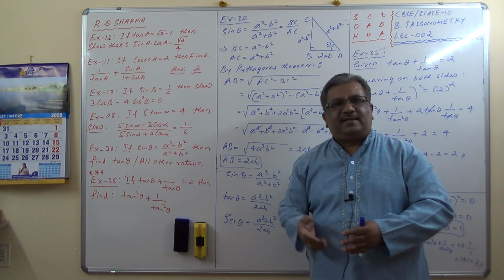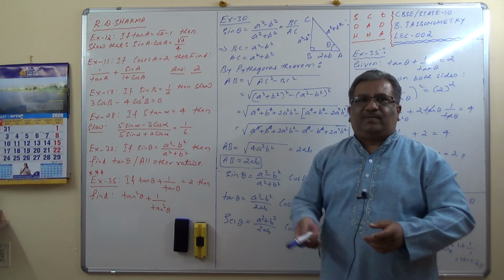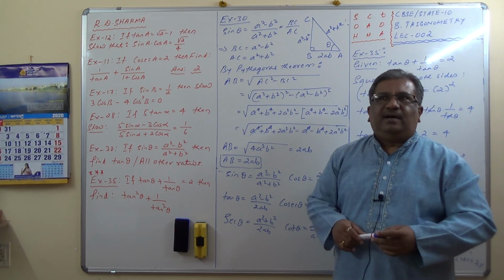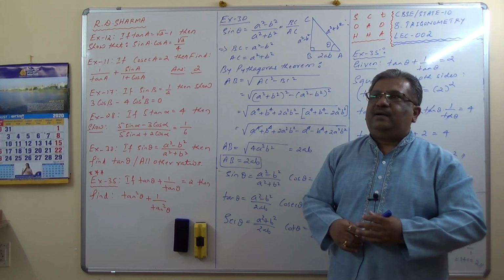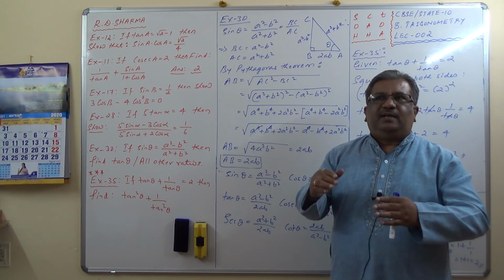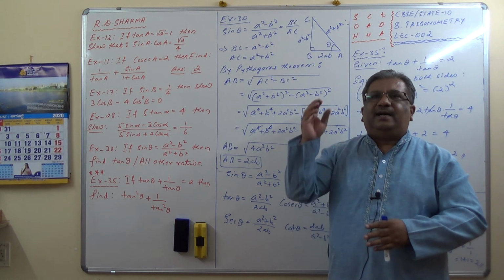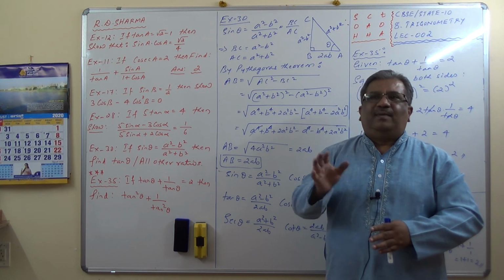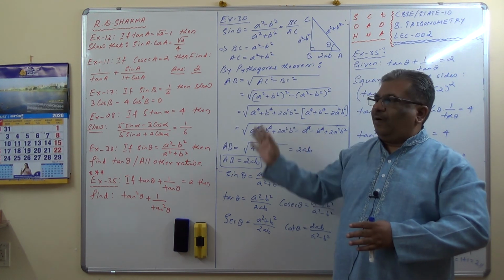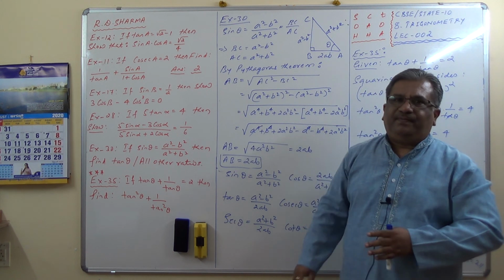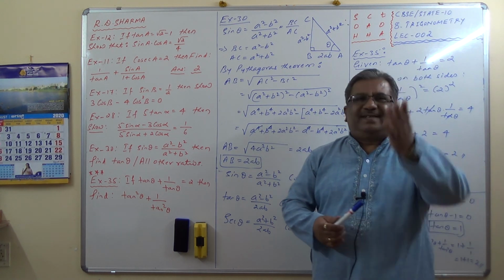And squared relations are there, sin square theta plus cos square theta equals 1, and a few more. So the last section will be the trigonometric identities, and that part is the most complicated of all the things that we are going to study, because you will see why it is so.